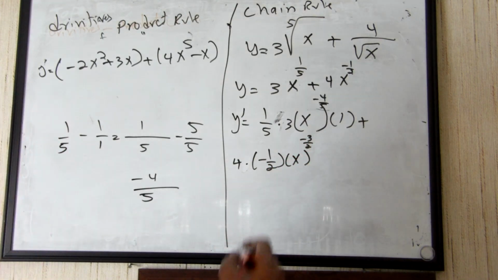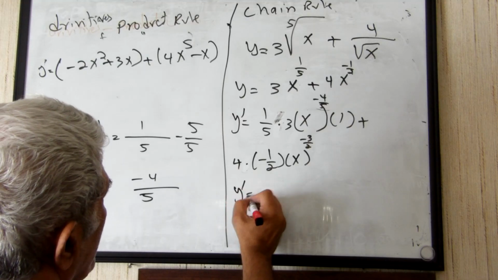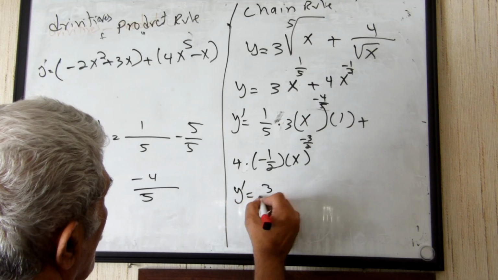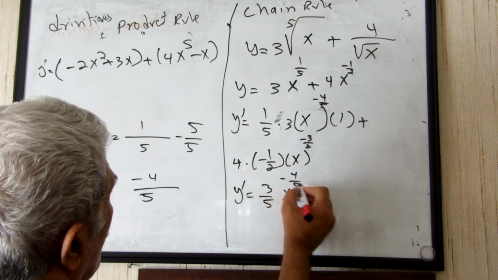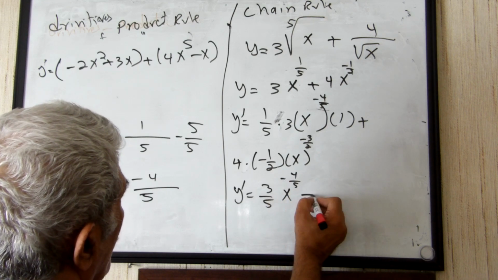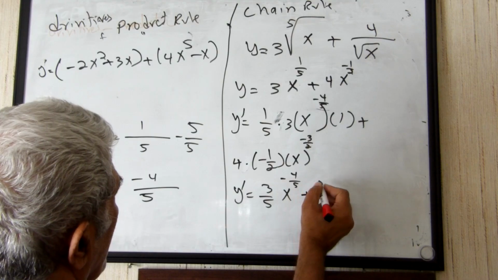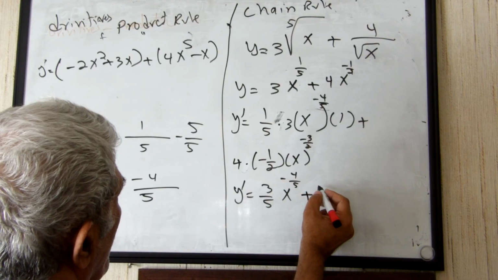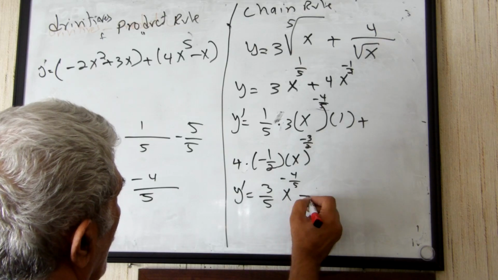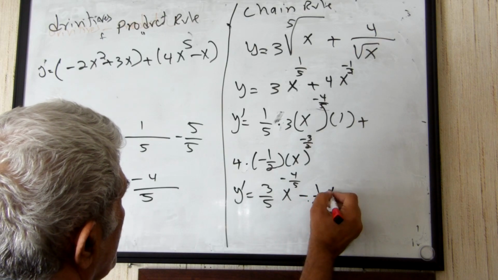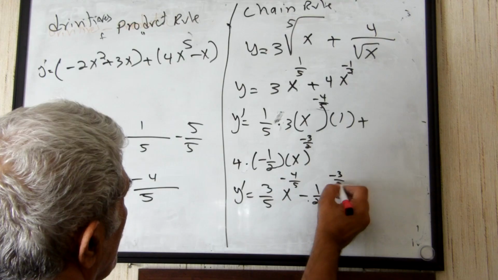So y prime is going to be 3 over 5 times x to the power of minus 4 over 5, plus minus 1 over 2 times x to the power of minus 3 over 2.